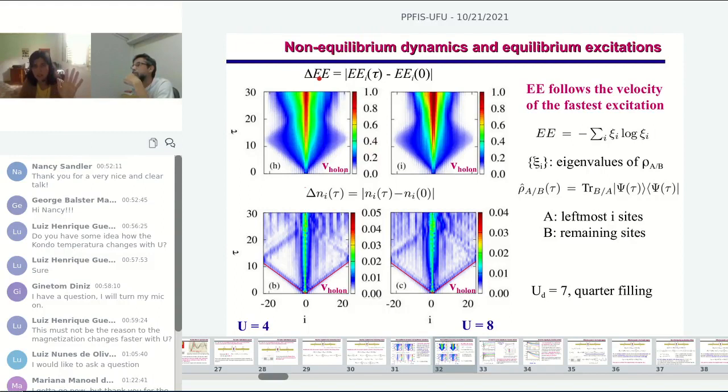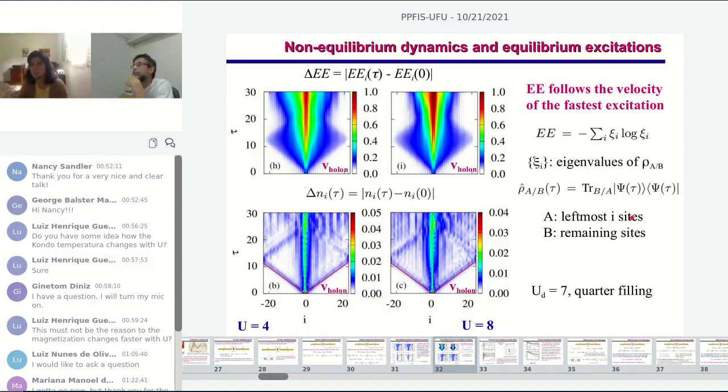And we are looking at the change with respect to before the quench, right? This is different from the quantities that I showed before, because those were local quantities. The occupation is a local quantity. It depends only on one site. But the entanglement entropy is a non-local quantity because it involves many sites, right?